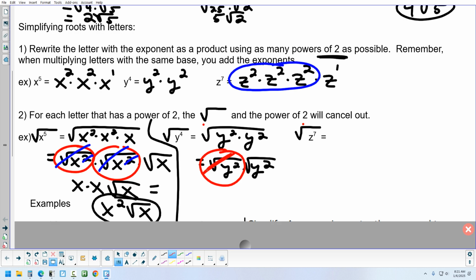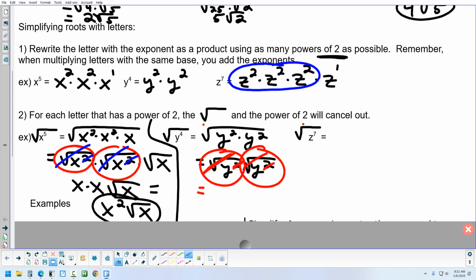That's the square root. That's the power of 2. All right, let's look at the next one. Anything there that's going to cancel out? Yep, the 2 and the square root.